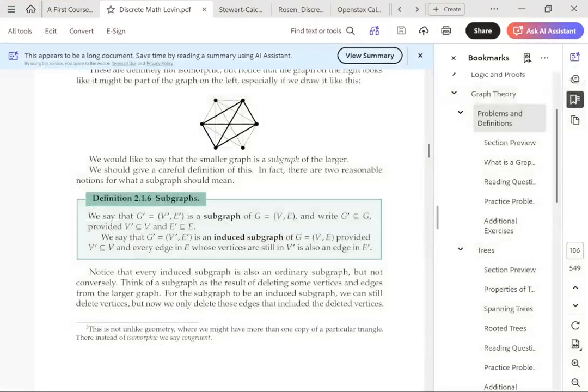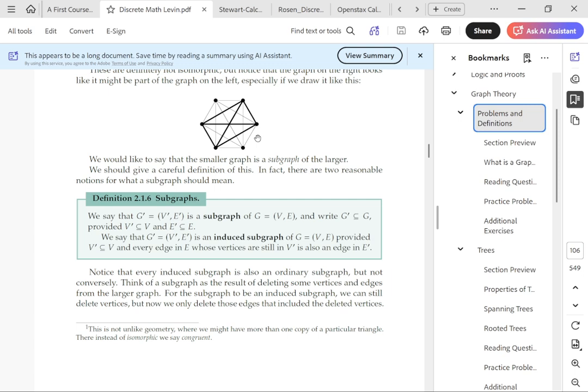So this is our definition from our textbook, and let's read the first part. We'll just look at the first part, and then we'll move on to the second part. So let's define subgraph. There are really 2 types.